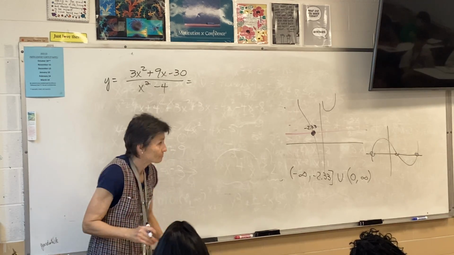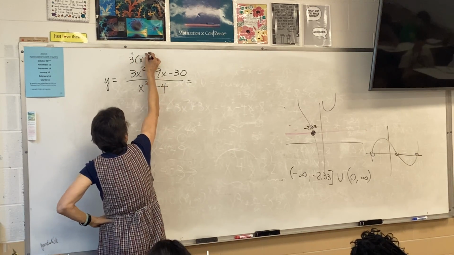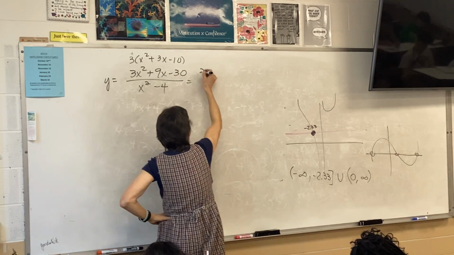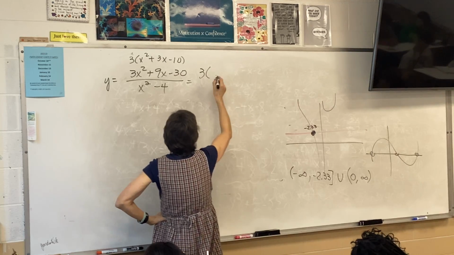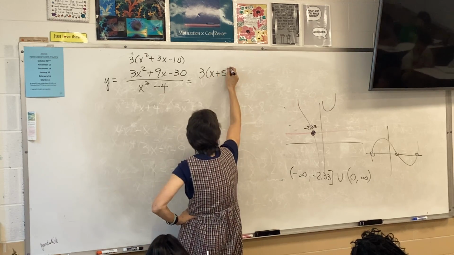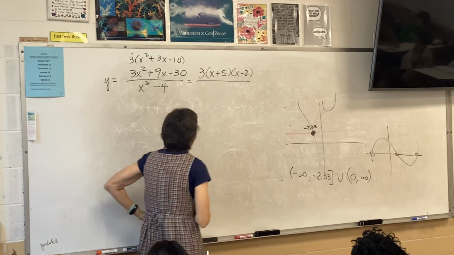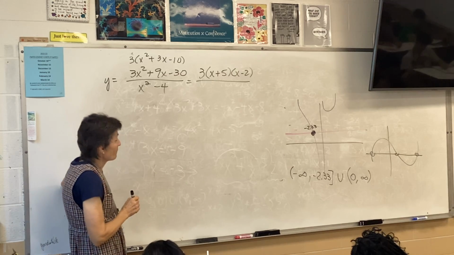Factor everything. So what do you notice about the top? And let's do that. So the 3 has to stay. Please don't lose it. The 3 stays. But then x plus 5 minus 2. Keep an eye on me. Don't let me screw up. And what about the denominator?